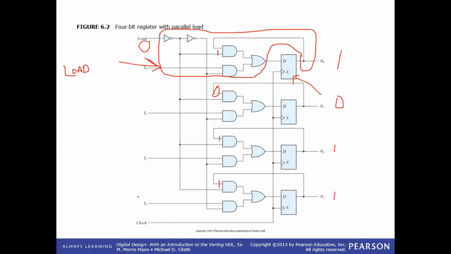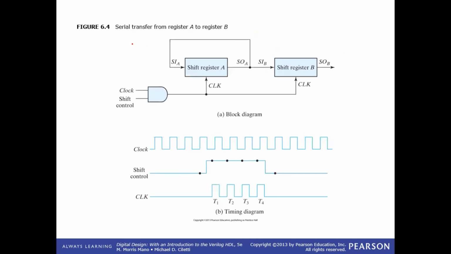Now, in this parallel circuit, this circuitry was enough to hold the data. So this stores the data, sends it back to the input, and then the output repeats itself if this load switch over here is kept 0.